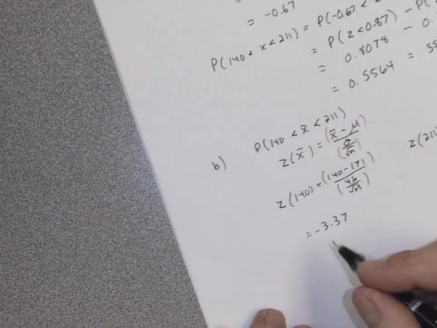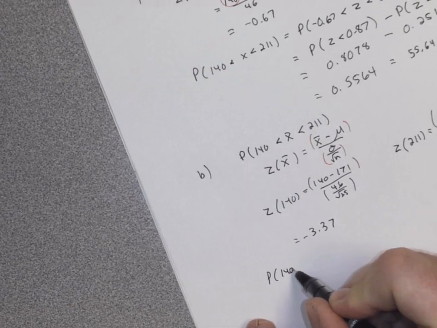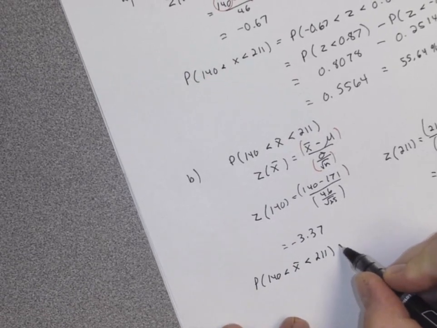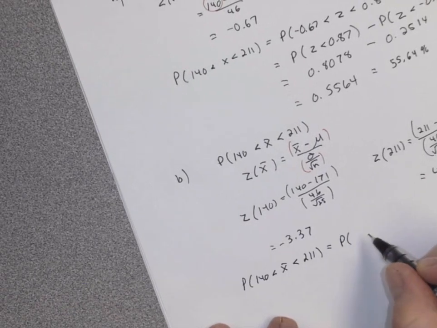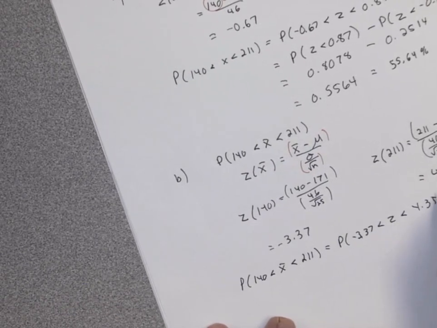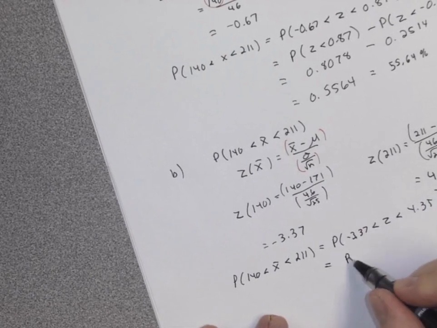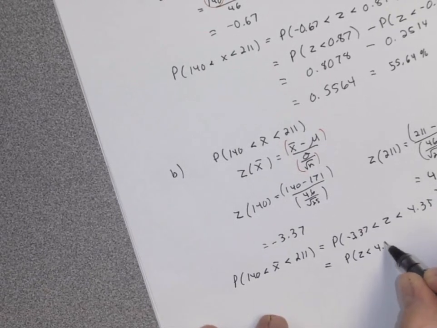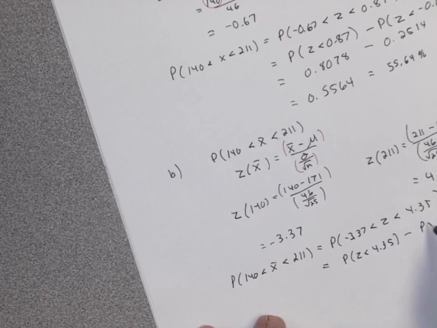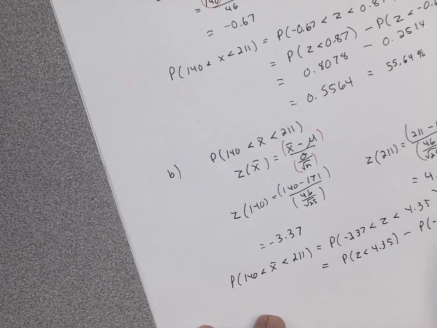So that means the probability that 140 is less than x bar, which is less than 211, is going to be equal to the probability that minus 3.37 is less than z, which is less than 4.35. And the way you find probabilities is you subtract the area to the left of 4.35, and then you subtract, it's bigger minus smaller, let's just go with that.